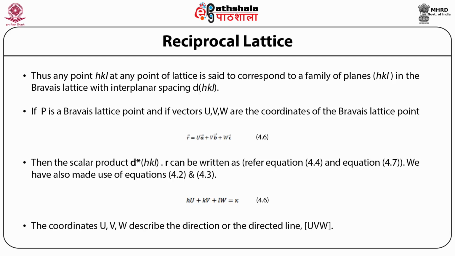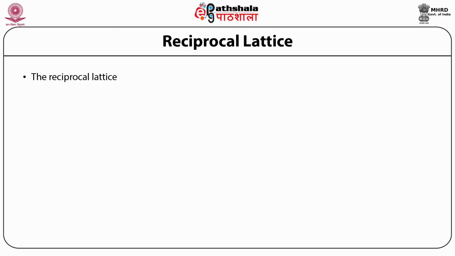The coordinates U, V and W describe the direction or the directed line, and you represent this within a square bracket U, V, W. In the reciprocal lattice, V star is defined as A star cross B star dot C star as given in 4.9.